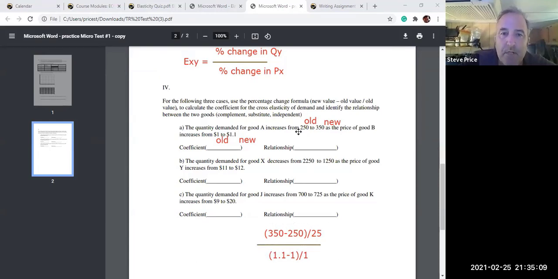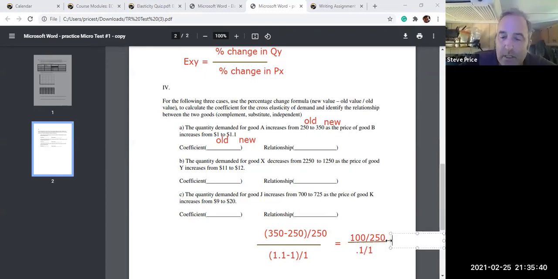Oh, and that should have a 0 there, should it not? So this is equal to 100 divided by 250 and 0.1 divided by 1.